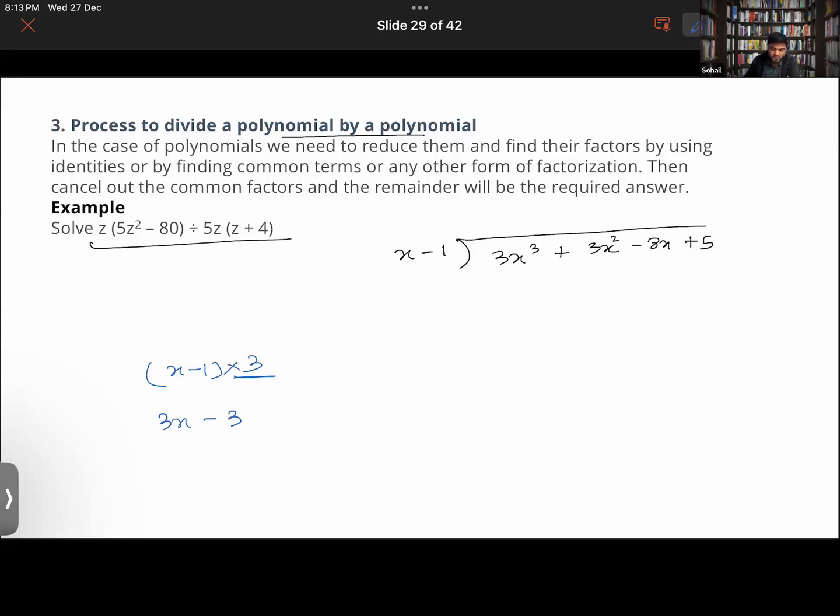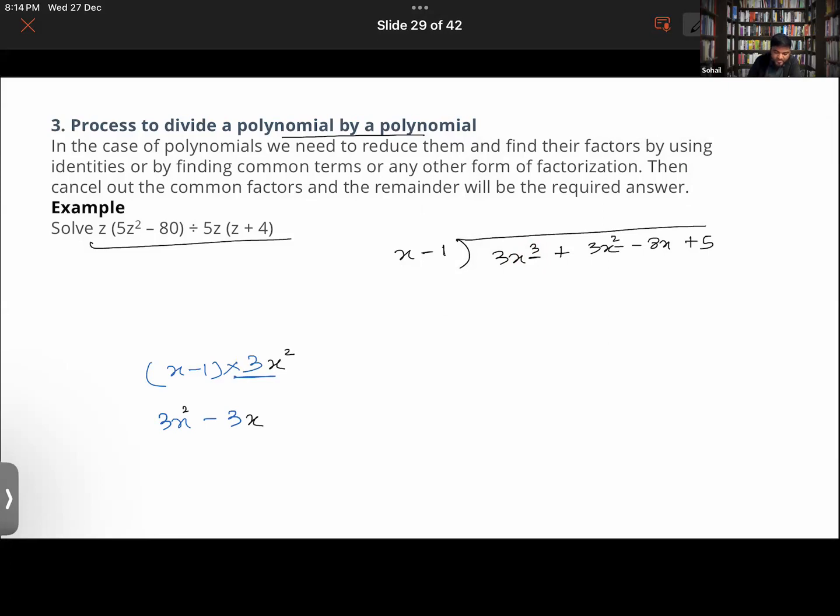But one more thing we have to take care of: we should get the exponents 3 and 2. At least one exponent should match. Multiplying with 3x will give me just 3x square minus 3x. So we will multiply it by 3x square.